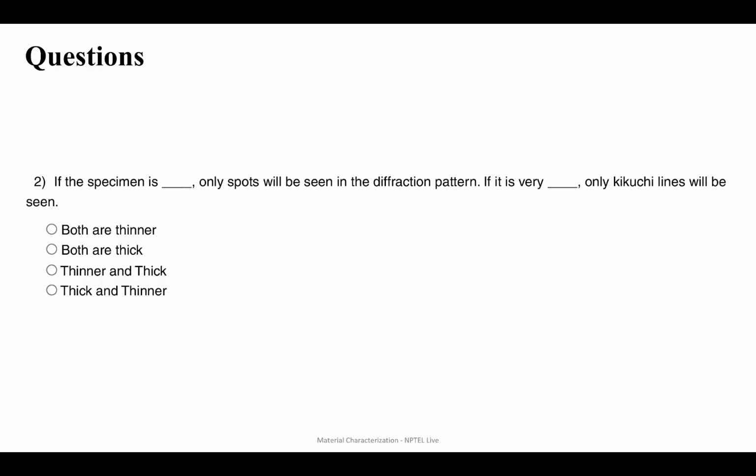If the specimen is dash, only spots will be seen in the diffraction pattern. If it is very dash, only Kikuchi lines will be seen. Options: both are thinner, both are thick, thinner and thick, thick and thinner.